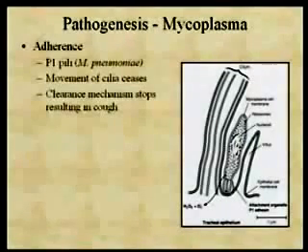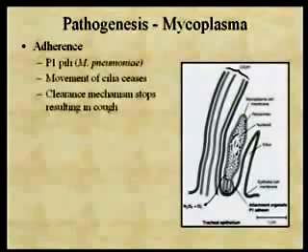All right, first, they have a unique type of pilus called the P1 pilus. This is one of the virulence factors. This P1 pilus mediates the attachment of the cells to the ciliated epithelial cells. When it attaches there, it inhibits ciliary movement in the upper respiratory tract.